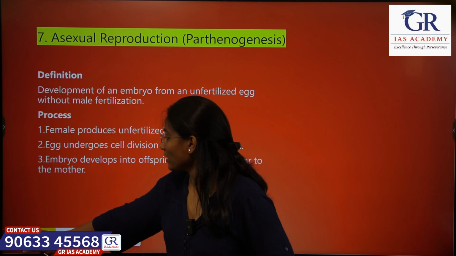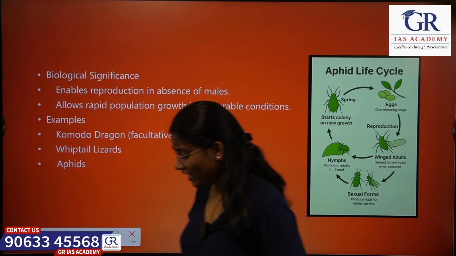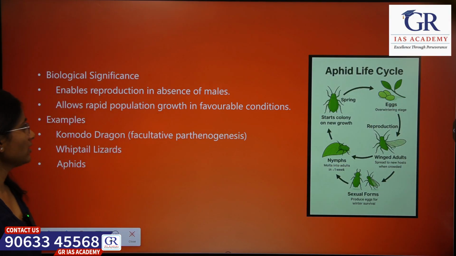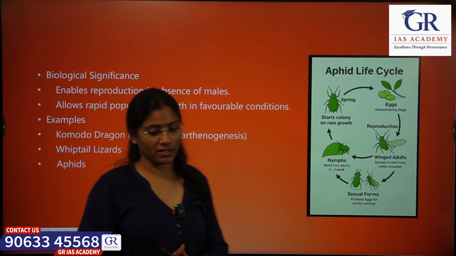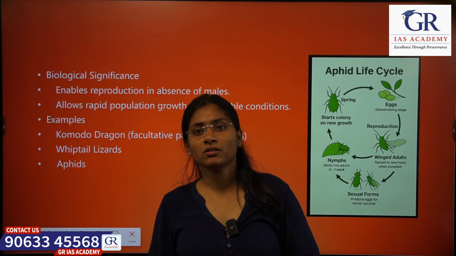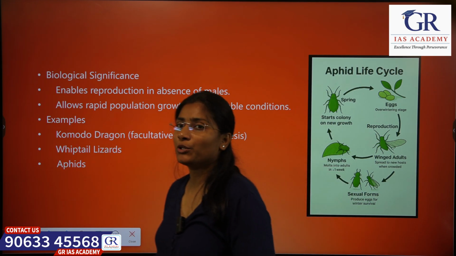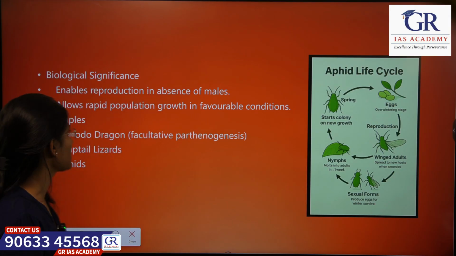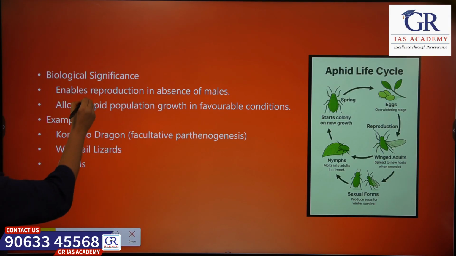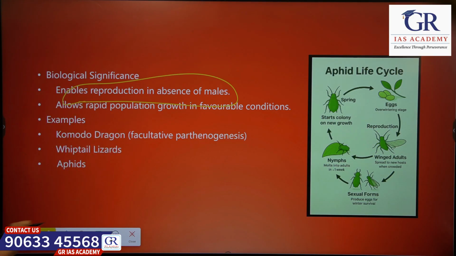That is called parthenogenesis. And what is the importance of this? If males are absent, reproduction can still happen and continue the existence of the species. So this enables reproduction even in the absence of males.